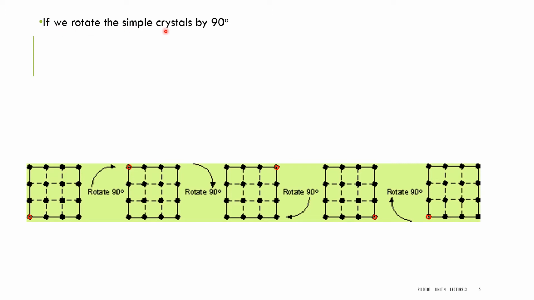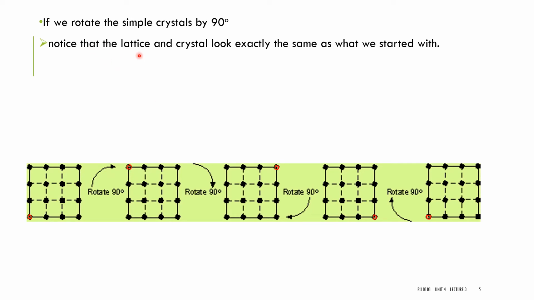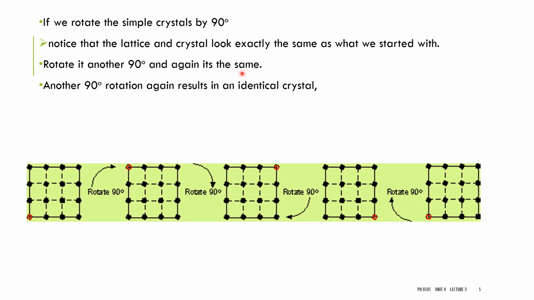If we rotate the simple crystal by 90 degrees, notice that the lattice and the crystal look exactly the same as what we started with. Rotate it another 90 degrees this way and again it's the same. Another 90-degree rotation again results in an identical crystal this way.